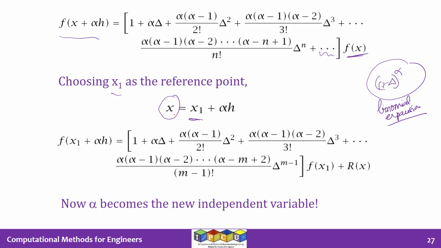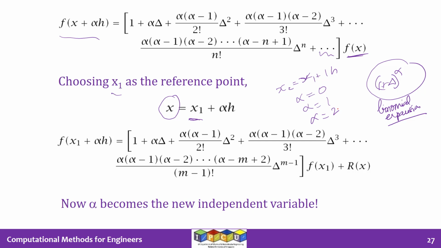So if I want to move to x2 from x1, alpha will be equal to 1 because we know x2 is equal to x1 plus 1 times h. So alpha equal to 0 keeps me at x1. Alpha equal to 1 makes me move to x2 from x1. So x1 is the base always, or the reference point. And alpha equal to 2 will take me to x3 and so on.